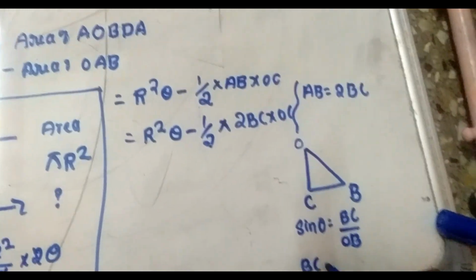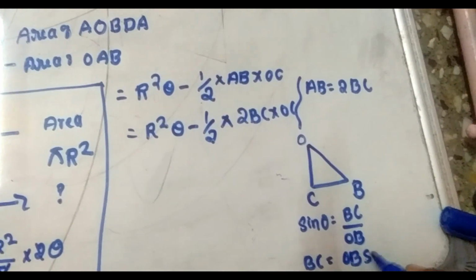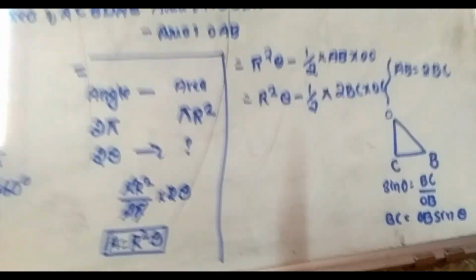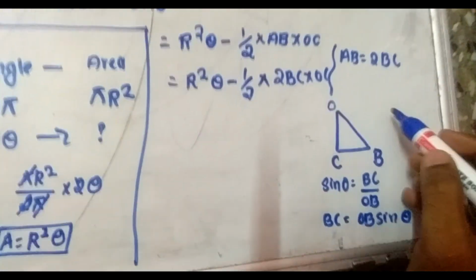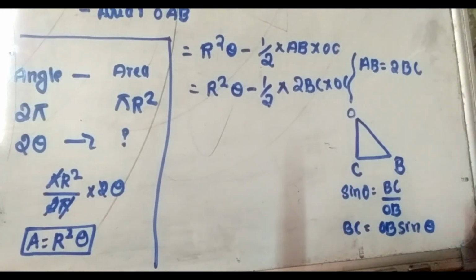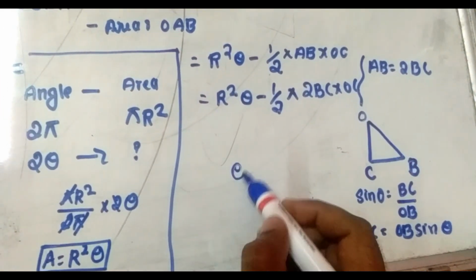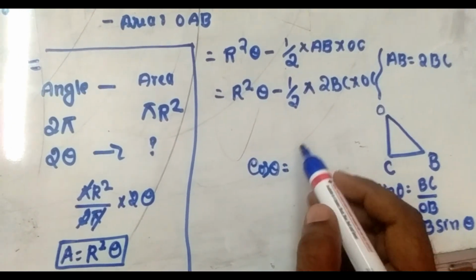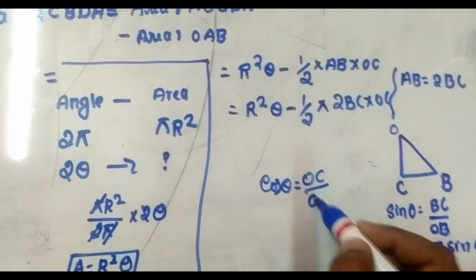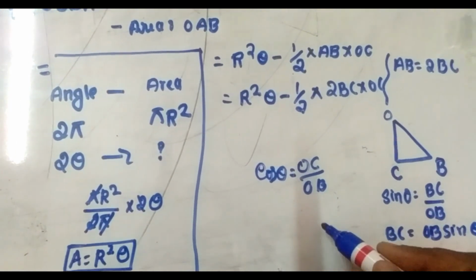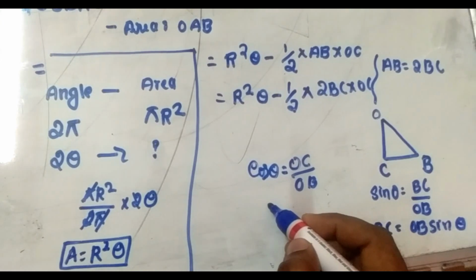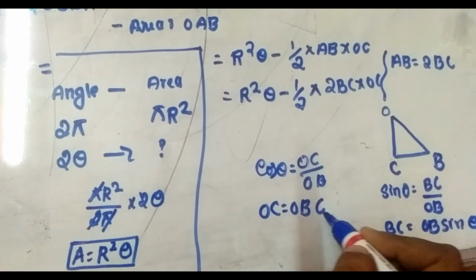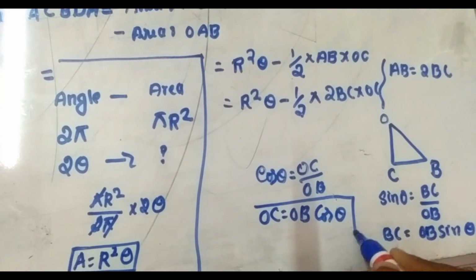So BC is equal to OB sin θ. Again, cos θ is equal to OC by OB, base divided by hypotenuse. So OC is equal to OB cos θ.